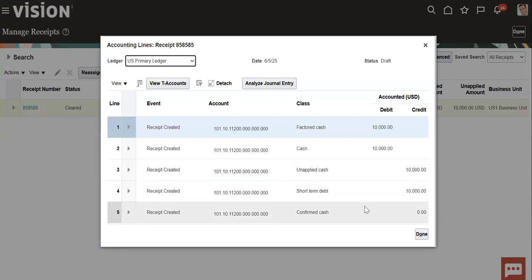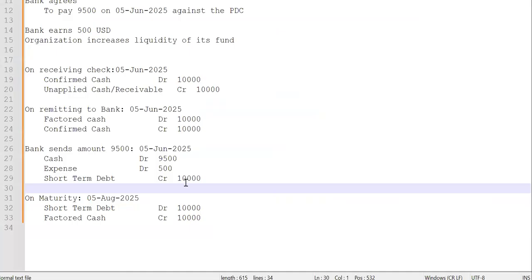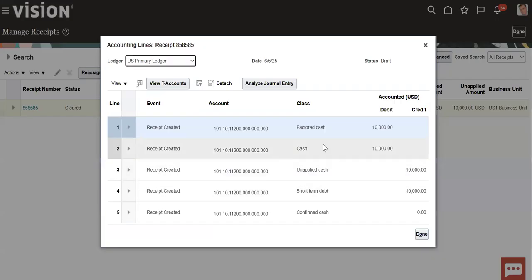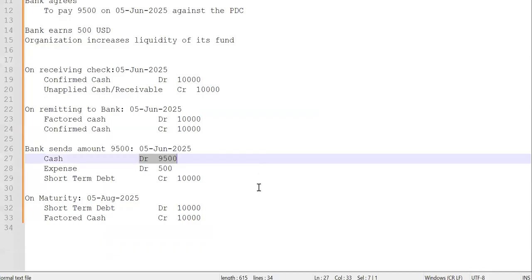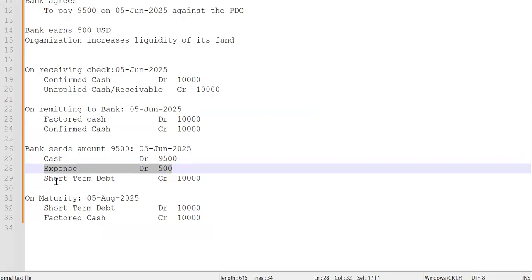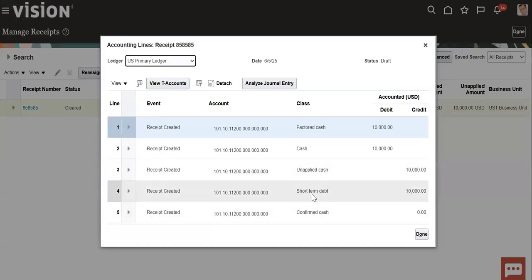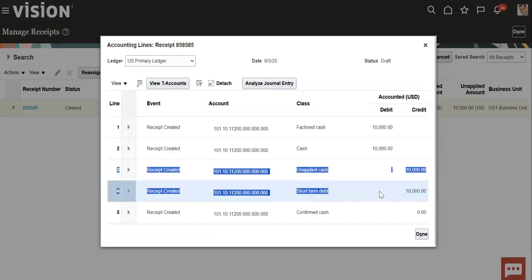Now let us see the accounting. We were expecting cash to be debited by 9,500, but in fact it has debited 10,000. This line is not there. Then we have short-term debt of 10,000. So this line is correct as per our expectation.